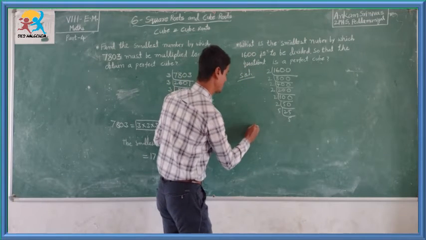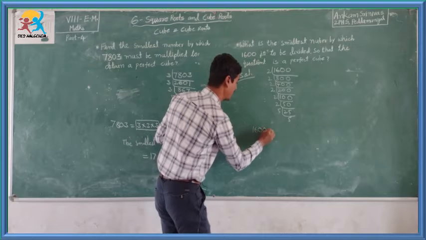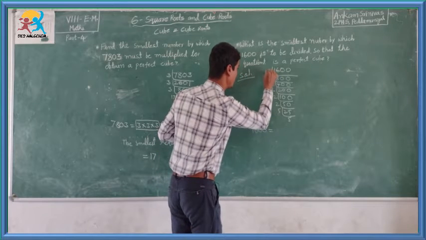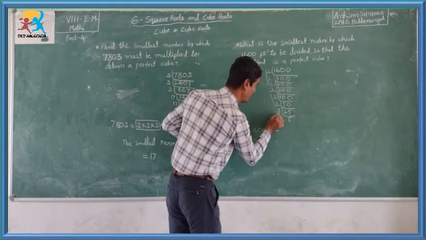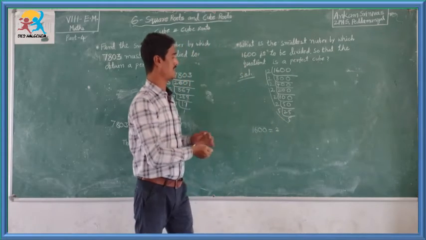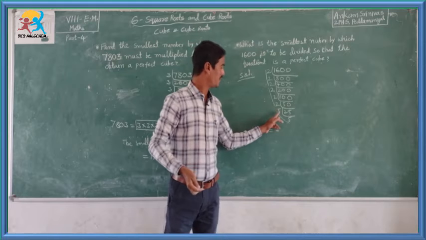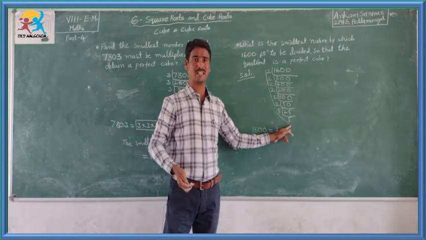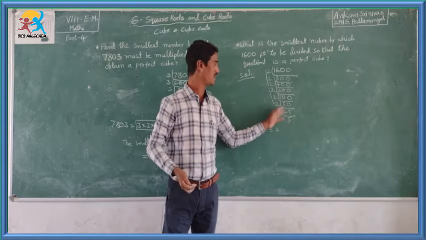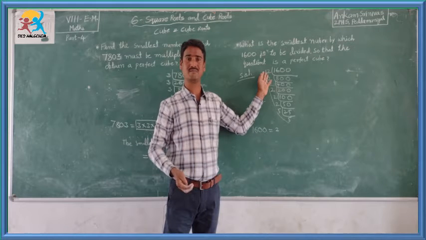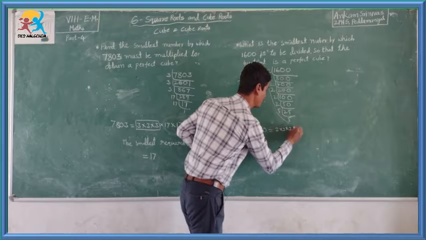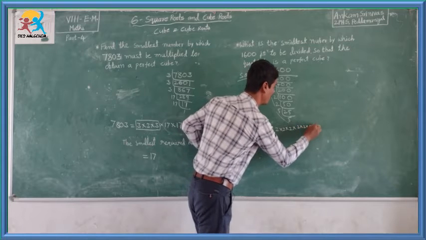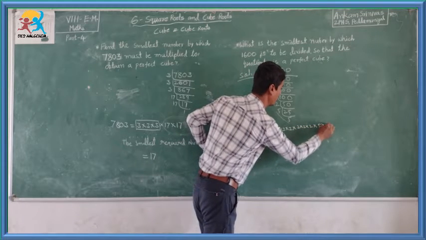Here 1600 can be written as 2 into 2 into 2, 2 into 2 into 2, 5 into 5. Clearly we can write the answer: if divided by 5 into 5, and we cancel these two, it becomes a perfect cube. So 2 into 2 into 2 and 2 into 2 into 2 into 5 into 5.